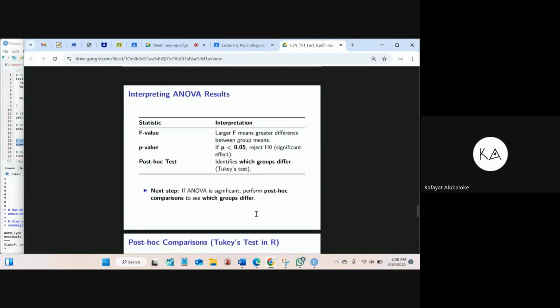But in this case, the F value is not close to one, it is way larger than one. So we can say the F value is large. This means that greater differences exist between the group means. Our p-value is less than 0.05, which tells us that we reject the null hypothesis.